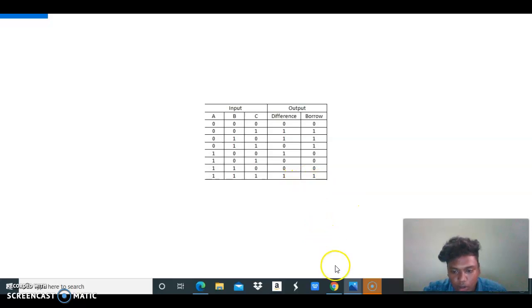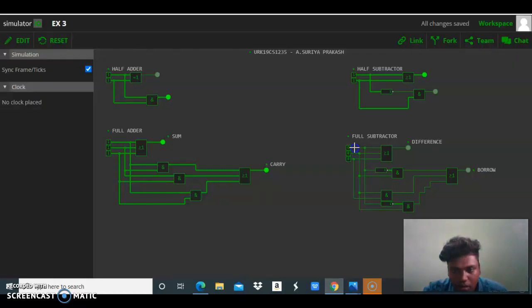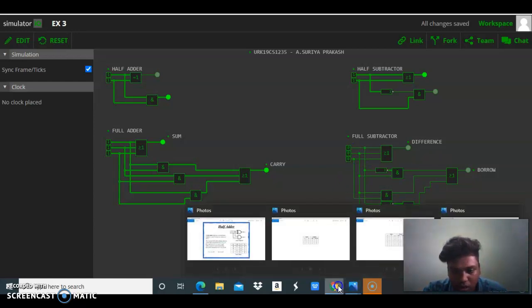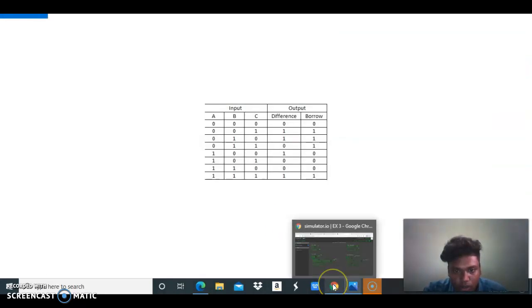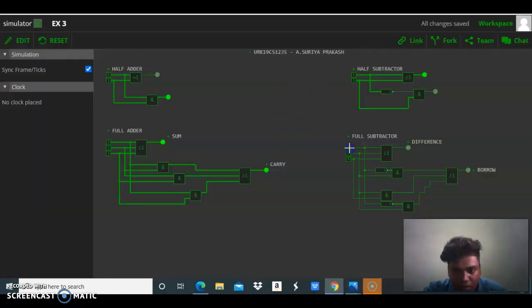Now we are going to see the output. 0 0 0 is 0 0 and next 0 0 1 is 1 1 and difference is 1.